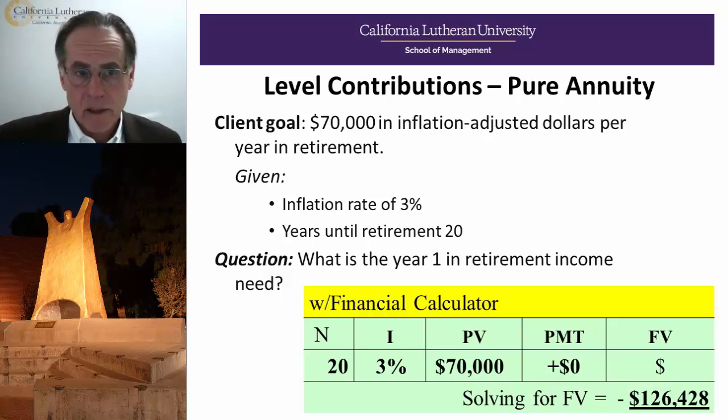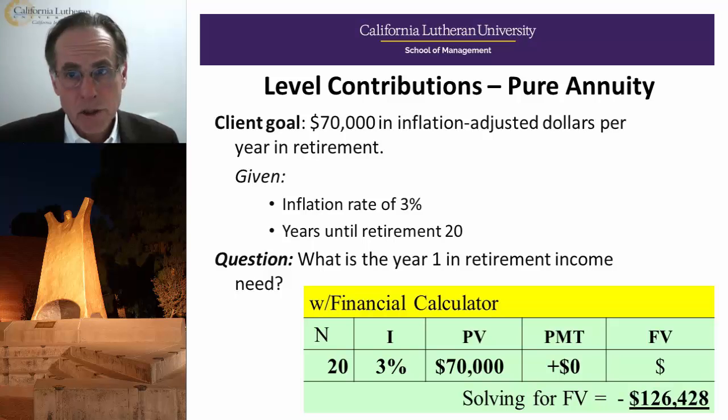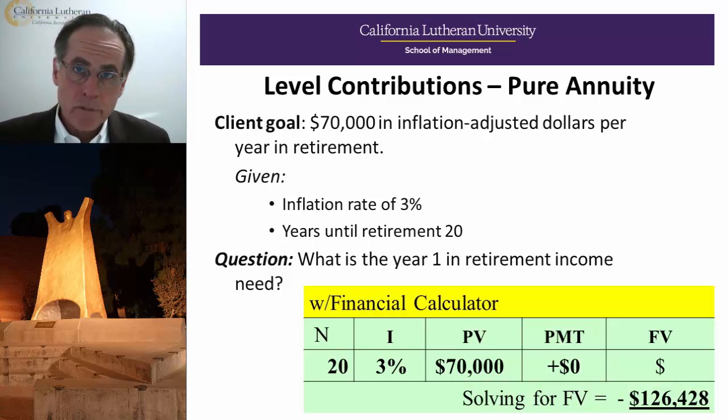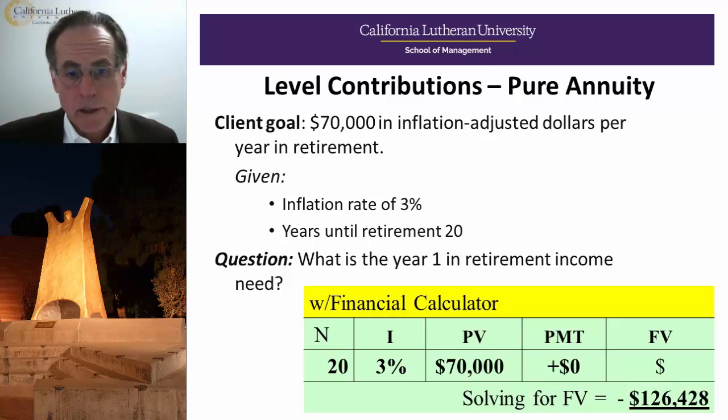Consider in this case that the client's goal is to have $70,000 in inflation-adjusted dollars per year in retirement. And you're given the assumption of an inflation rate of 3% and years until retirement of 20. What is the year one in retirement income need?